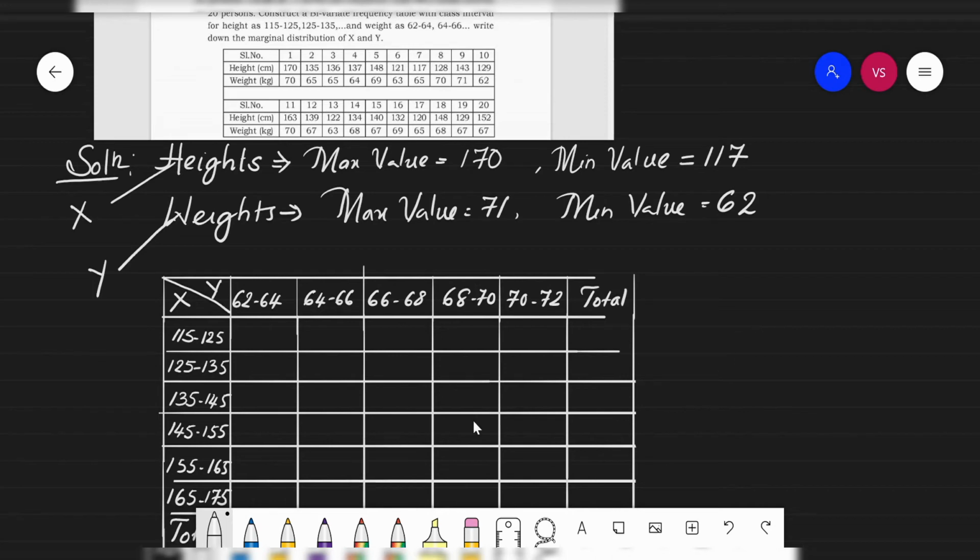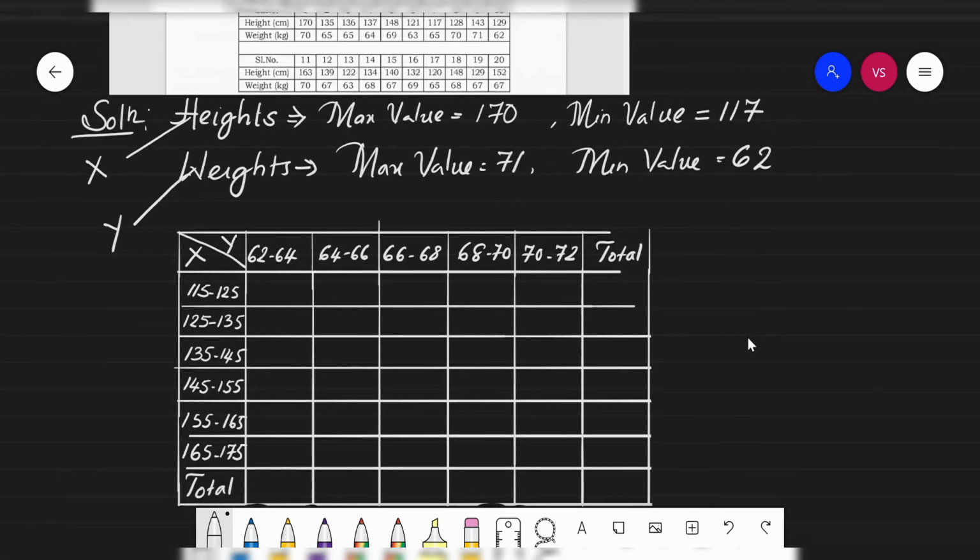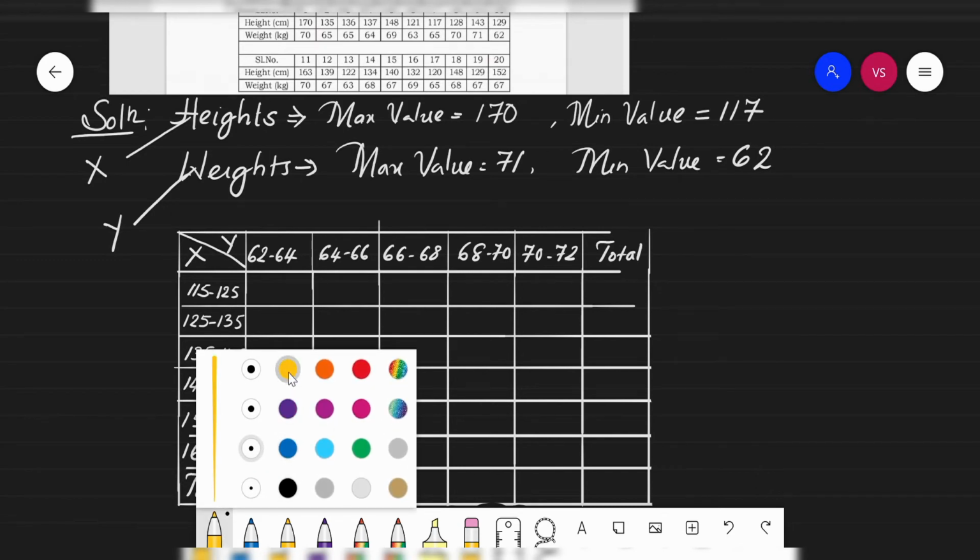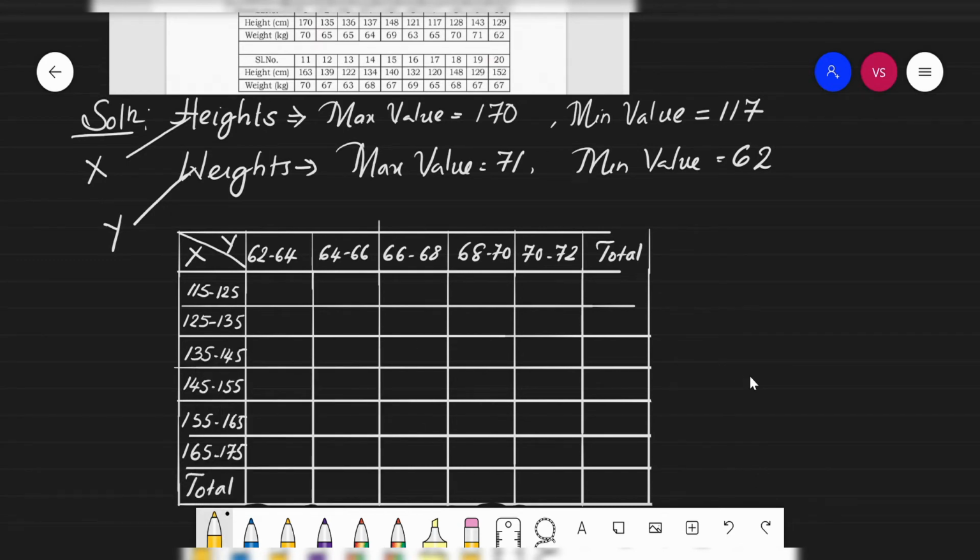So let me start doing this in a different color so it will be easy for you to understand the tally. I'll start with the first number. The first number is 170. Height 170 comes in the last column, students, and the weight of that person is 70.